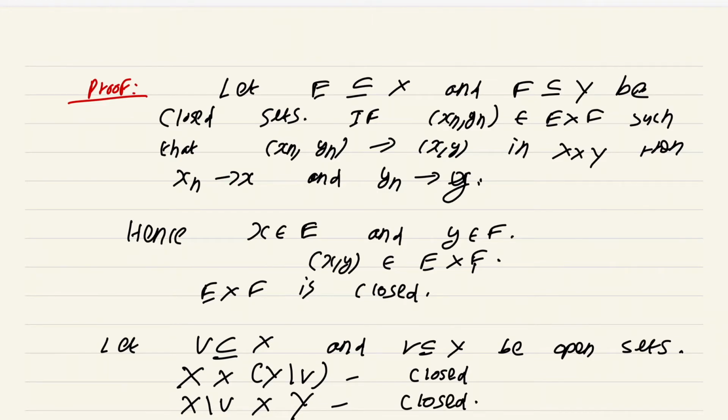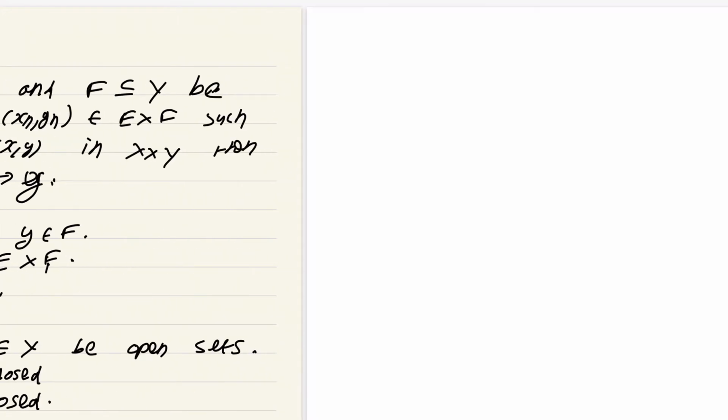Both these sets are closed. Now, that means the complements of these two sets must be open, right? What are the complements of X cross (Y set minus V) and (X set minus U) cross Y? Well, they are nothing but X cross V and U cross Y, which are both open, taking complements.